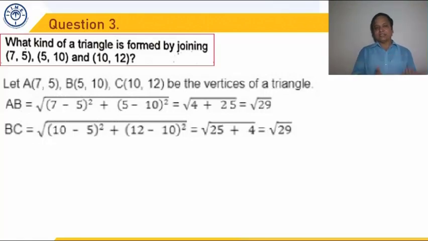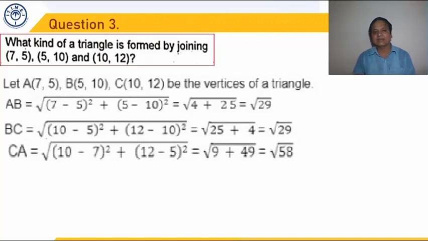Or we can do 10 minus 5 also, doesn't make a difference. (10 minus 5) whole square plus (12 minus 10) whole square. 10 minus 5 is 5, 5 square is 25. 12 minus 10 is 2, 2 square is 4. So square root of 25 plus 4 comes out to be square root of 29. Length of AB is equal to length of BC. 2 sides are equal.